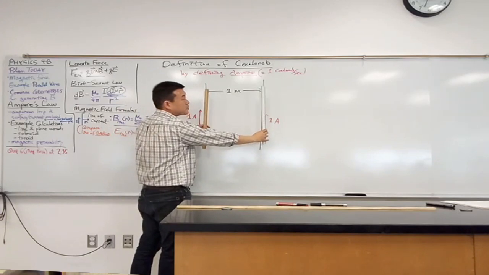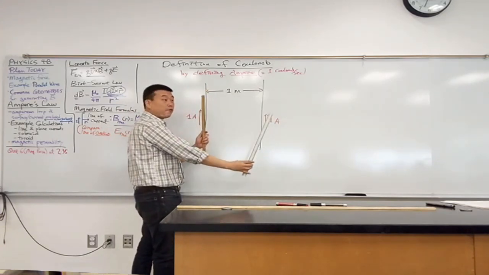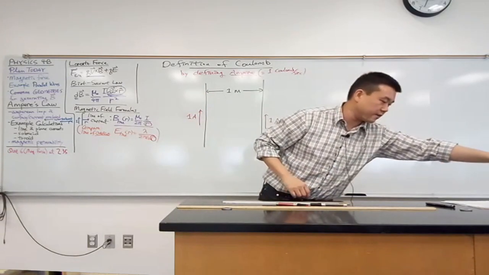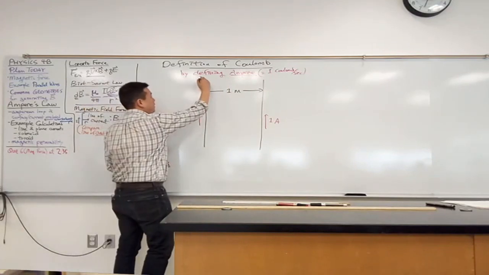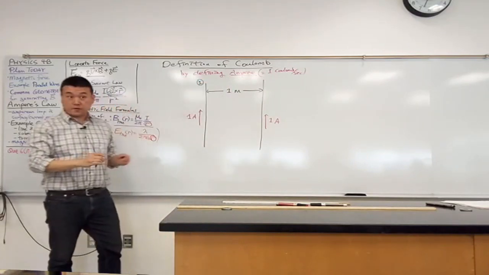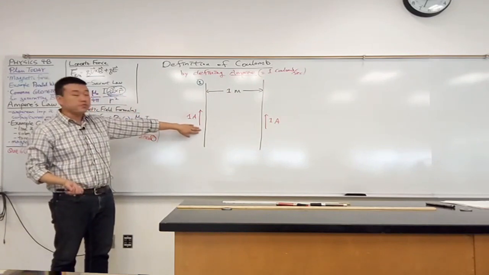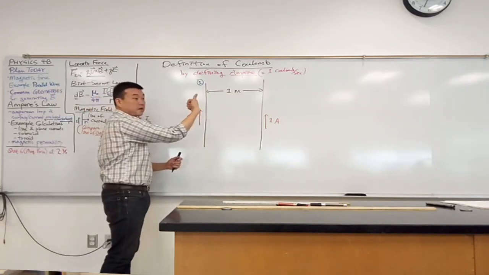Is there an expression that we covered that we didn't write down there that describes the force due to a magnetic field? Let's go through step by step. I'm looking at wire 1 as generating the magnetic field. What's the direction of magnetic field due to this wire? It goes around this wire, right?